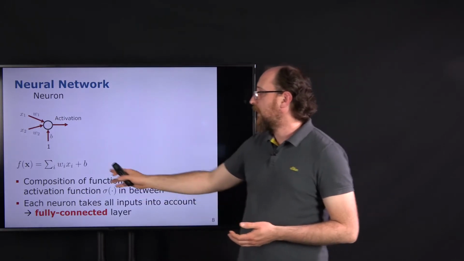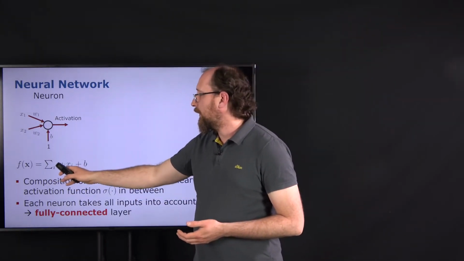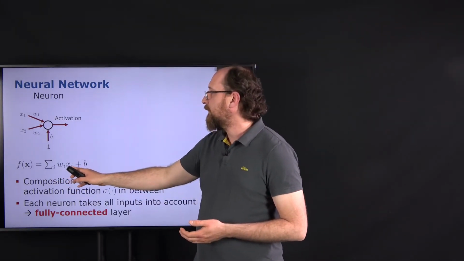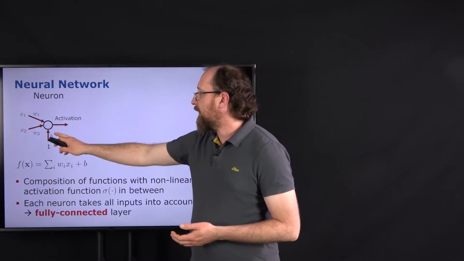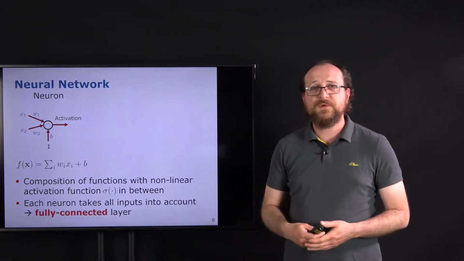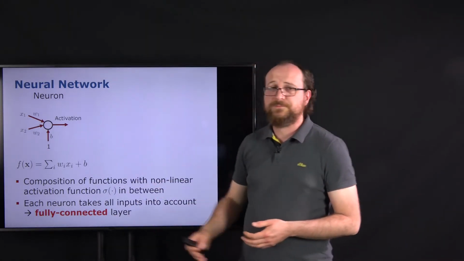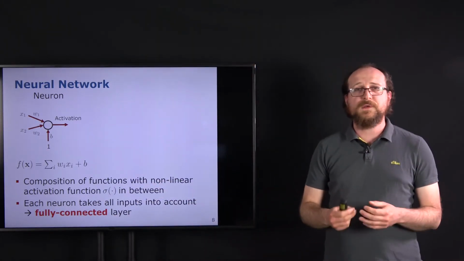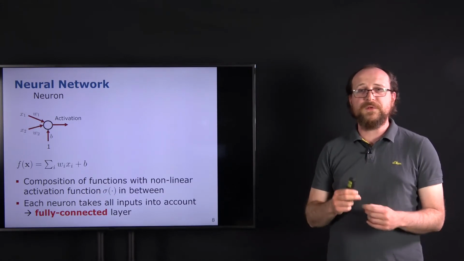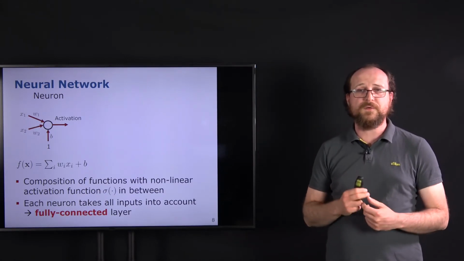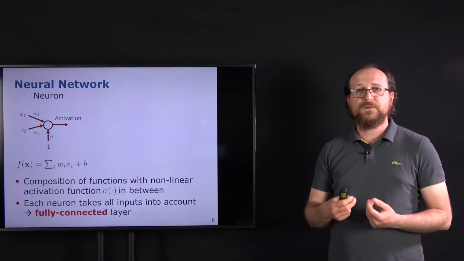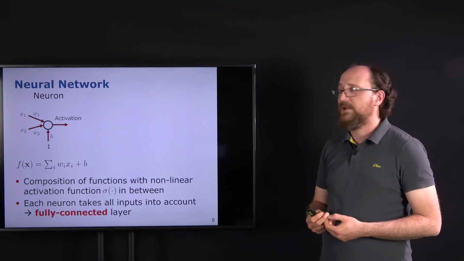Then you take the sum over the weights multiplied by the x, plus some bias, which you add on top, and this gives you the activation. This is the basic building block of a neural network, a neuron, and this neuron is just a linear function in the end.